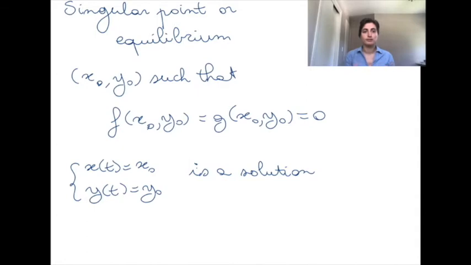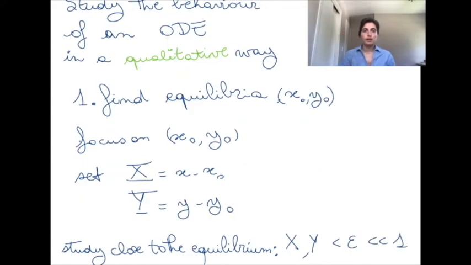If x0, y0 is a singular point or an equilibrium or a fixed point, then x(t) equal to x naught and y(t) equal to y naught is a solution for all times. That means that solution is never going to be moving. If we want to study the behavior of an ODE in a qualitative way, finding equilibrium is definitely the step 0.